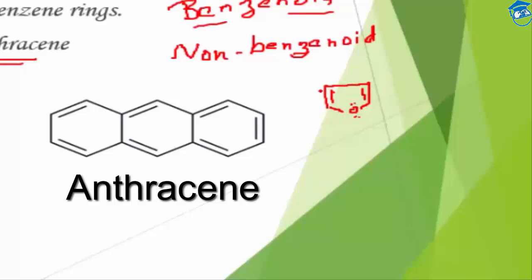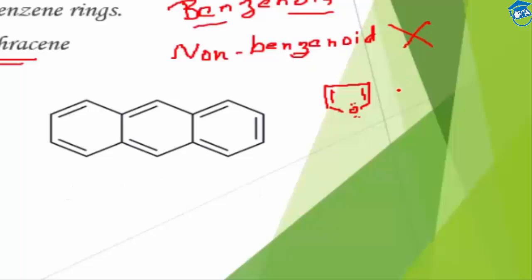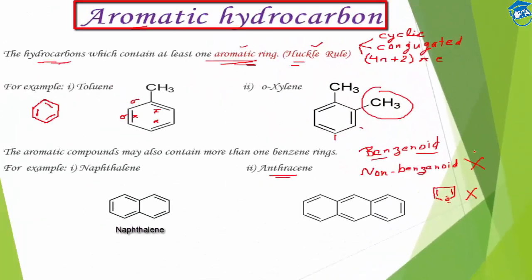That's why in aromatic hydrocarbon there will be only benzenoid. There will be no non-benzenoid. I just referred to it so that you have a clear picture about the aromatic ring and aromaticity. Apart from this benzene type of structure, there are also other non-benzenoid structures which are also aromatic, and you can refer to the previous chapter video related to aromaticity.